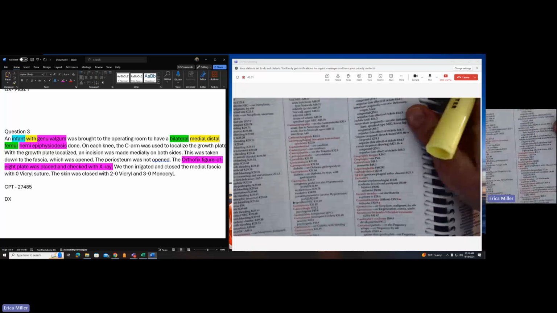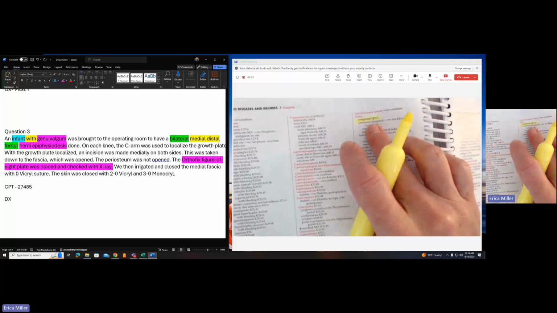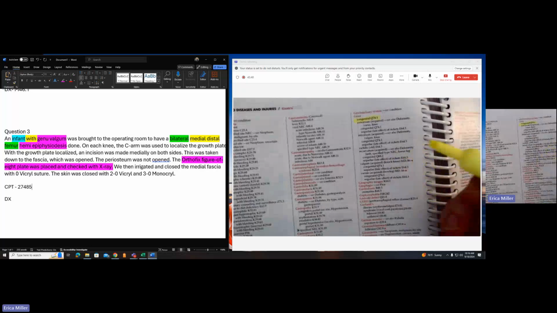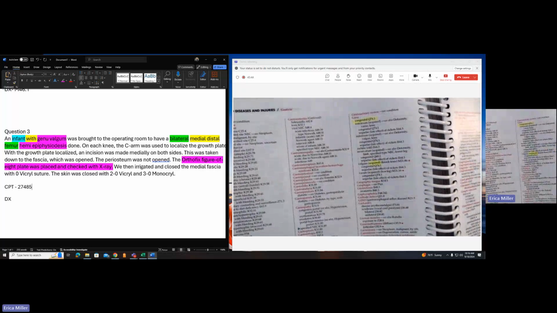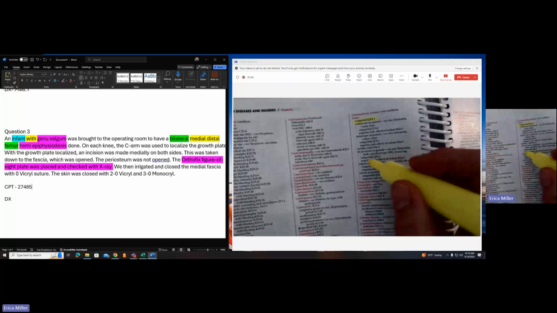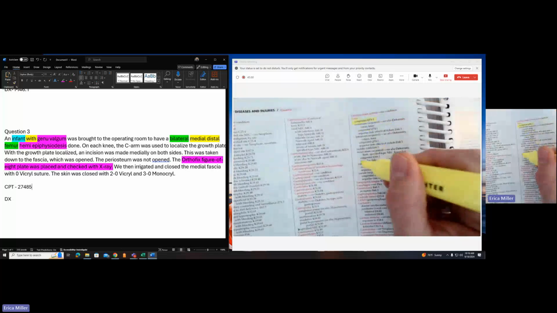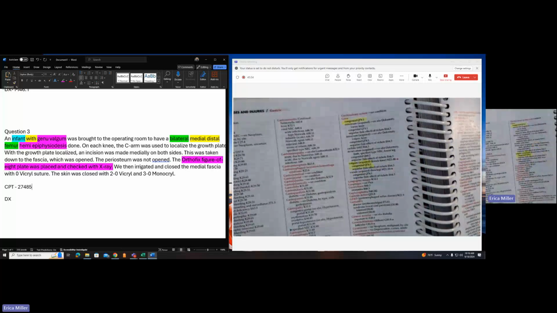So I found the word genu. Now I found congenital, but I want to find that word valgum. There it is. And then look what you got there. You've got two options. So again, this goes back to highlighting that word for infant. So we know this wasn't acquired. We know this is a genu valgum congenital. They don't have to specifically tell you it's congenital.